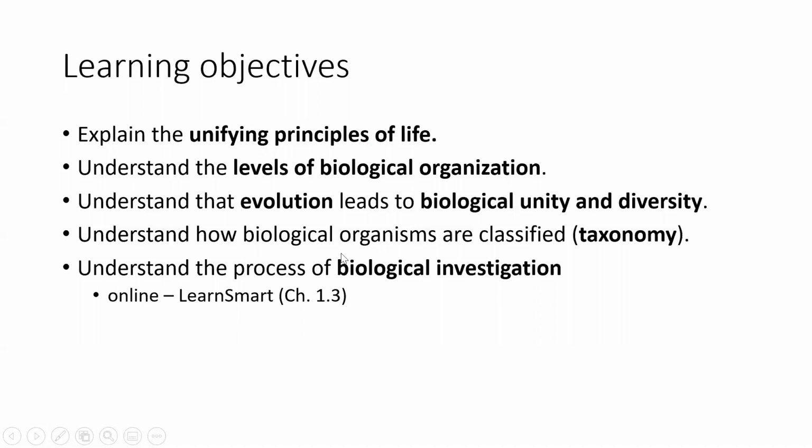Then you should be able to understand how biological organisms are classified, which is known as taxonomy. And finally, understanding the processes of biological investigation. With that, you should be able to use the LearnSmart reading software through McGraw-Hill to understand and review that.